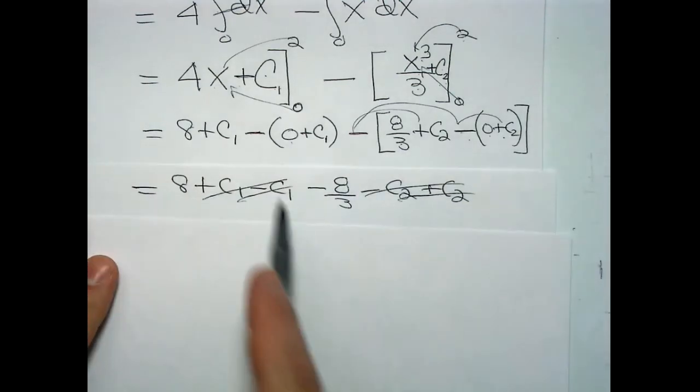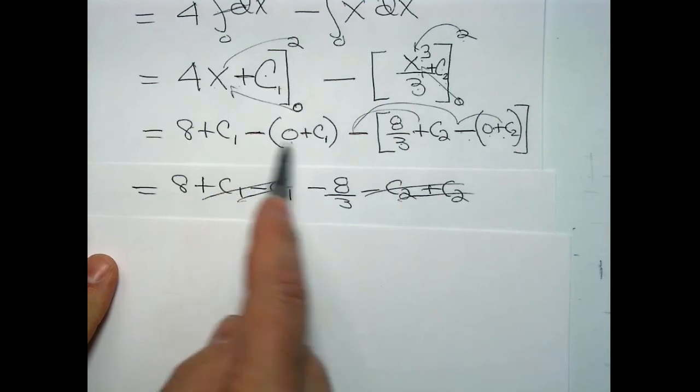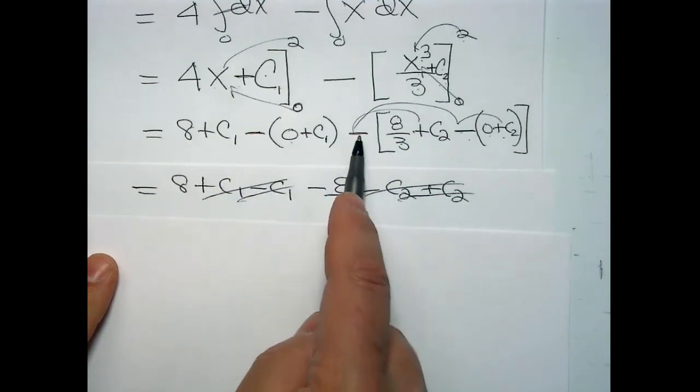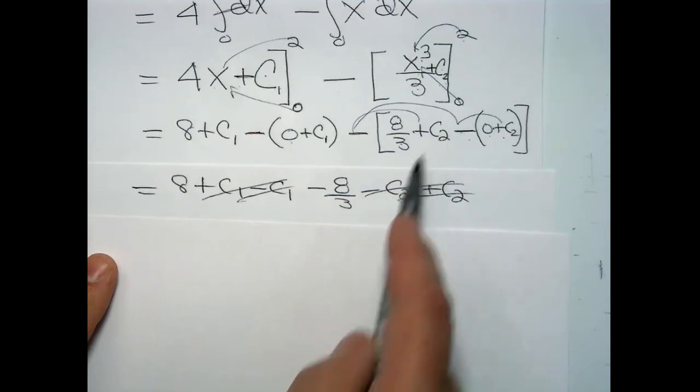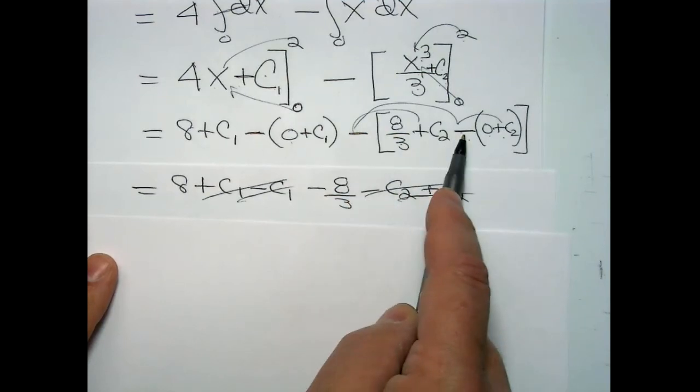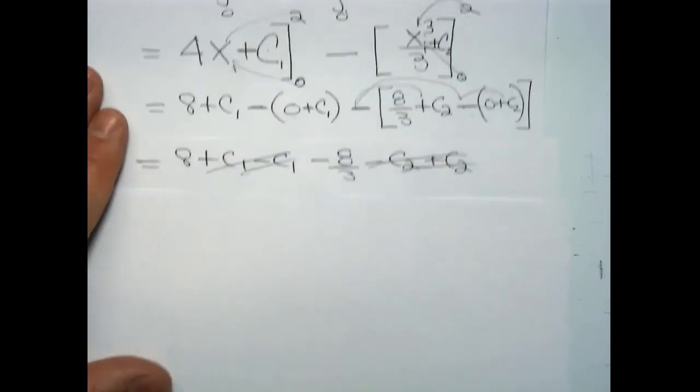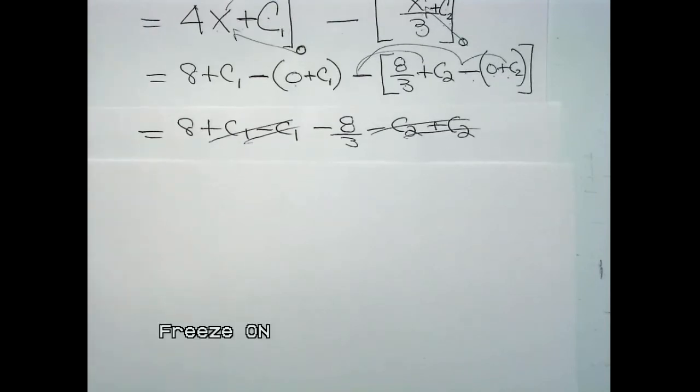So notice something. C1 minus C1, they canceled right out. Now let's propagate this minus through 8/3. Minus hits the C2, and a minus and a plus make a minus C2. Notice that the constants of integration cancel themselves right out. So finally, we land on our numbers.